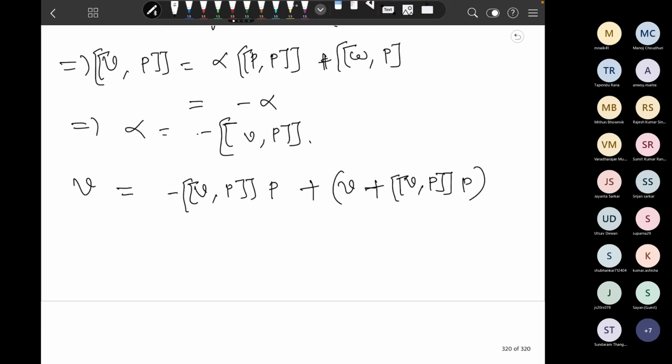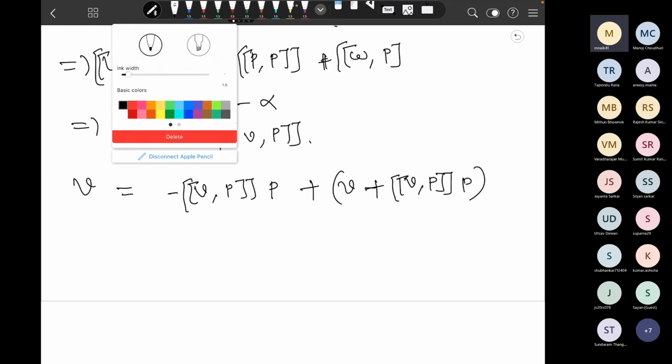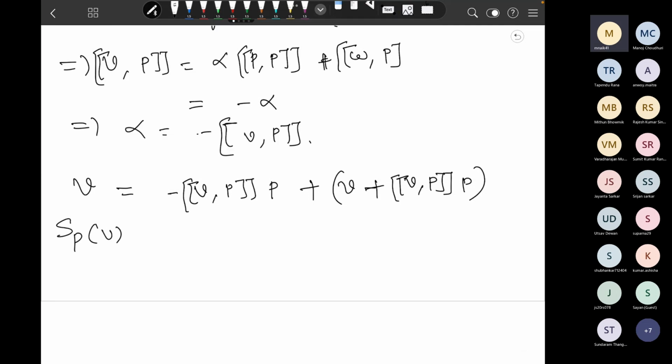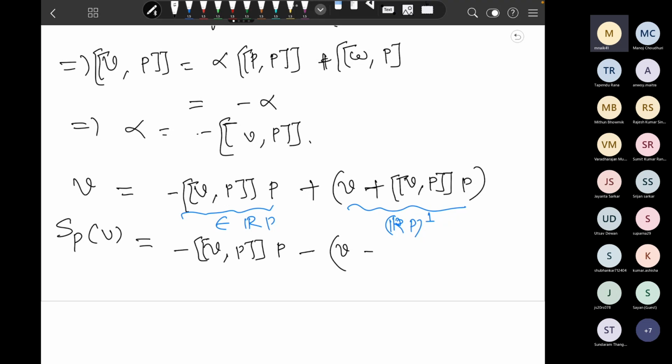So now, what will be SPV? The first part belongs to Rp, and the second belongs to Rp perp, perpendicular with respect to this bilinear form. SPV will be minus of VP times P, and the second part will be minus of V, and this is the same thing as minus VP.